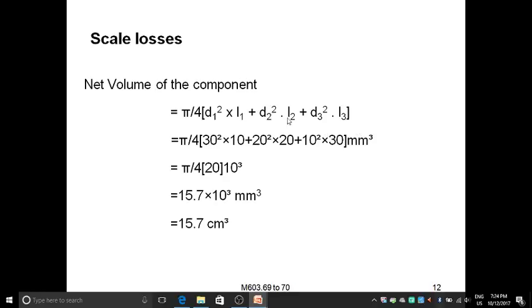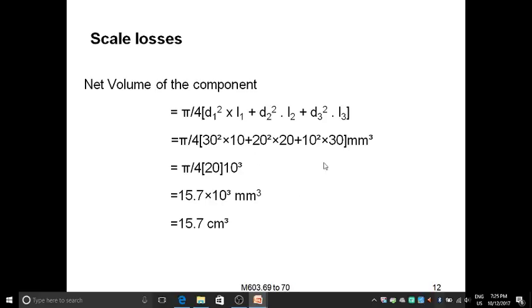After calculating the final volume of the component, he has converted it into cubic centimeters. Initially this is 15.7 into 10 to the power of 3 cubic millimeters. Now you multiply this with 10 to the power of minus 3, so you will get 15.7 cubic centimeters. This will be the final volume.